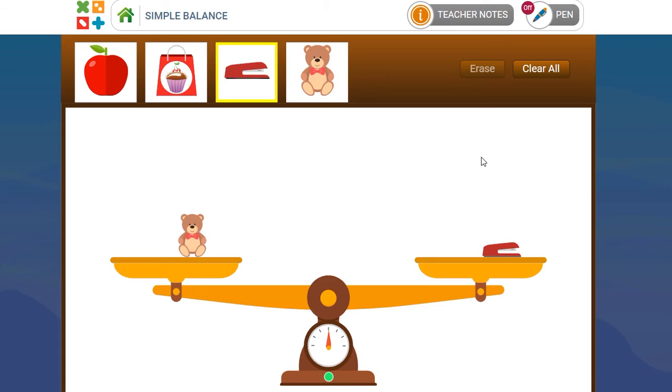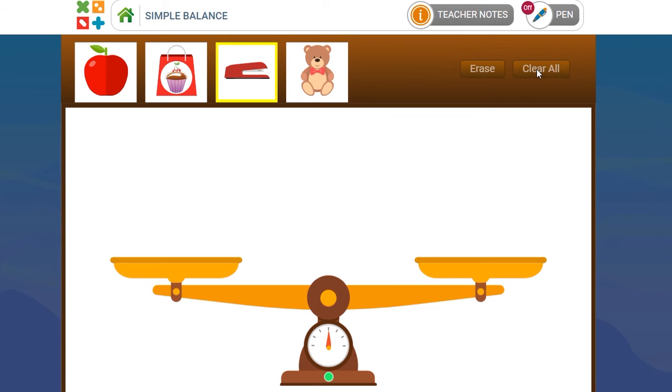So the simple balance can be used with children working in pairs or groups at their tables, but you need to give them a large collection of objects for them to weigh and make comparisons and draw inferences and make recordings.